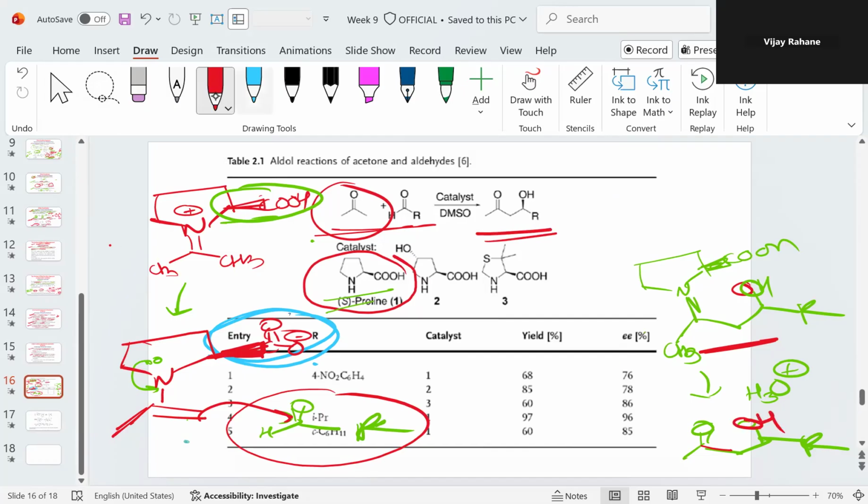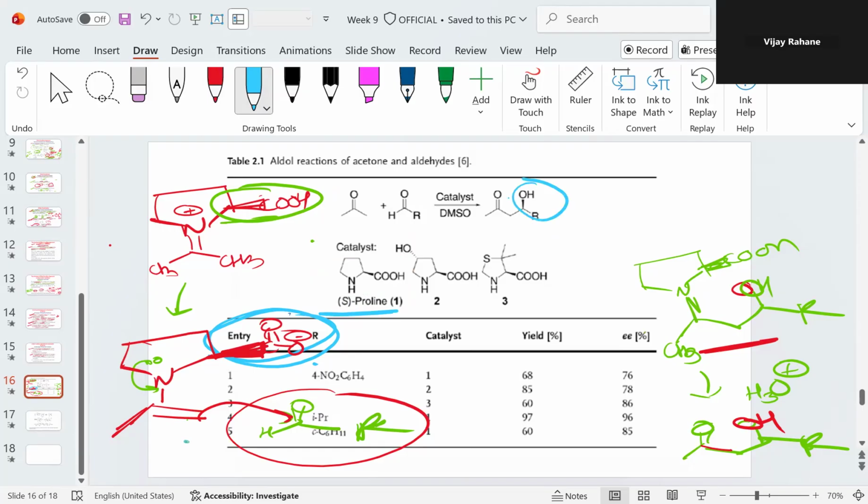Now, depending upon the selectivity of the product, with S-proline we get this hydroxy group directing in this manner. However, if we use some modified version, the first molecule that I used here, we get this product as the major product with 68% yield and 76% enantiomeric excess.